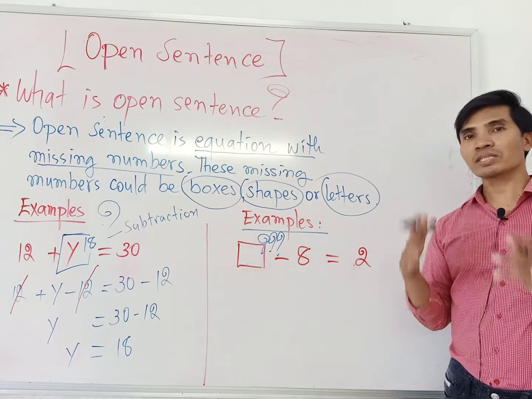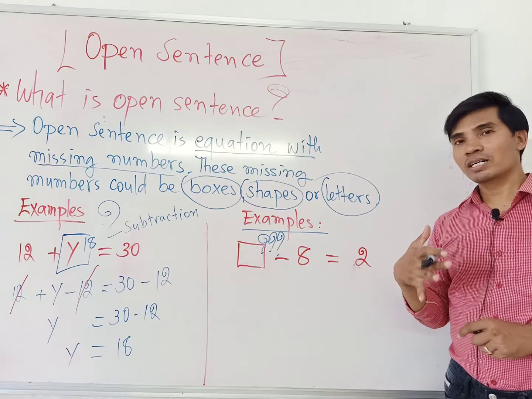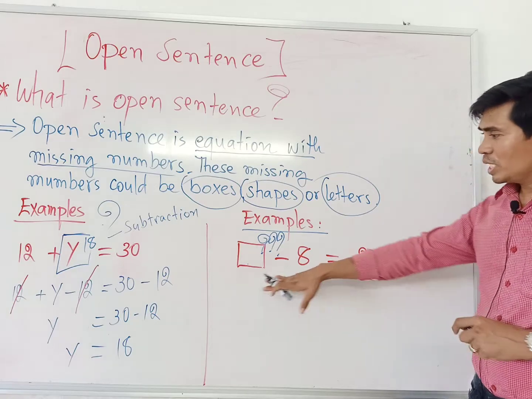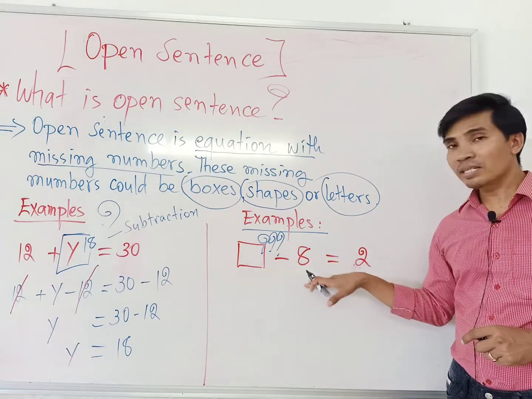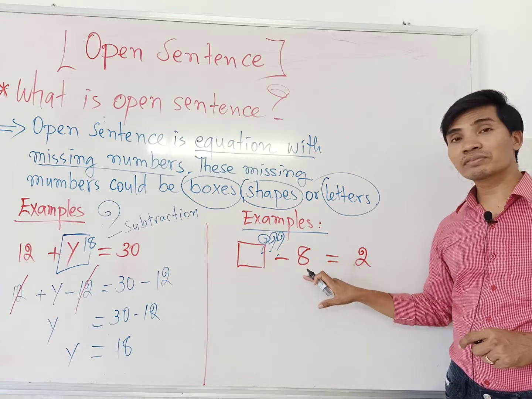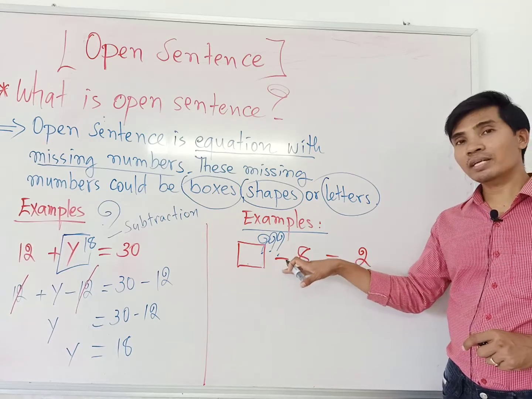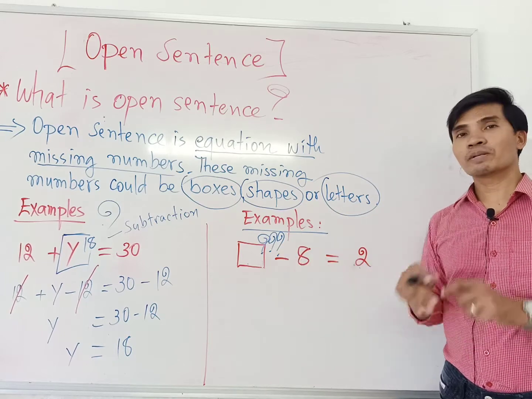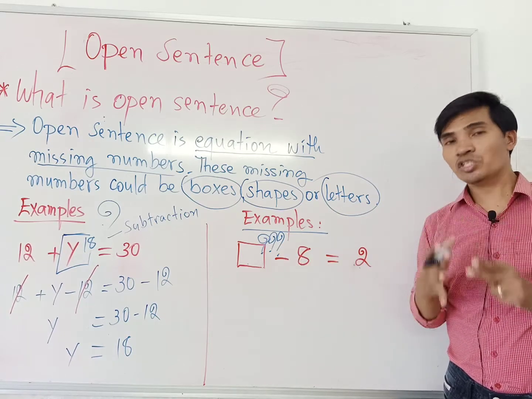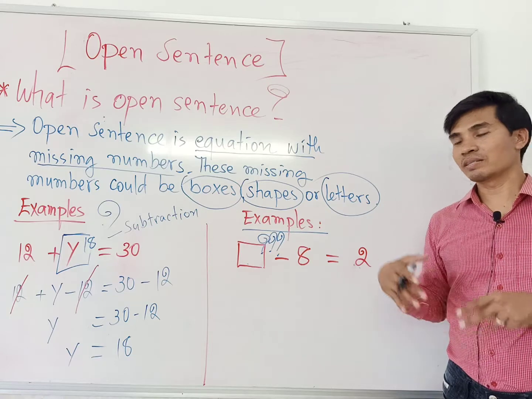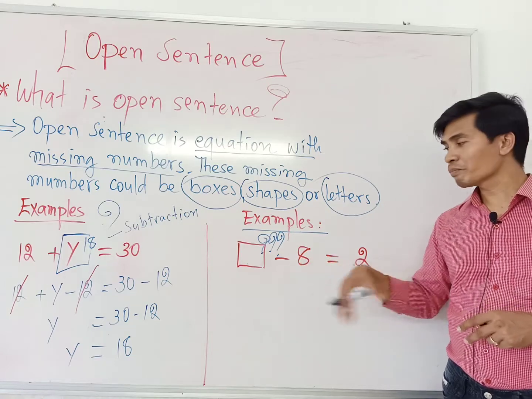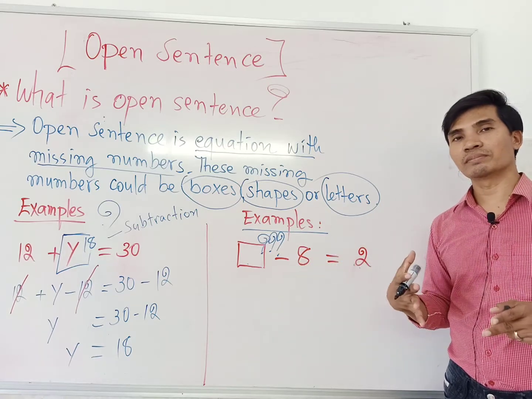Please analyze. In this missing number we can see negative 8. When the number here is negative 8, we use the addition method. Because it is a subtraction, we use addition.